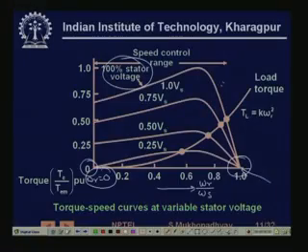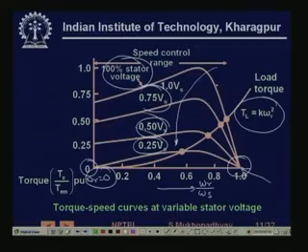So, this is a family of curves obtained as you reduce the supply voltage, 0.75. These are just typical values, they have not much implication. But what is being shown is the impact if you want to vary the speed of a load. Suppose the load is of this type, a typical fan load, where the load torque depends on the speed.